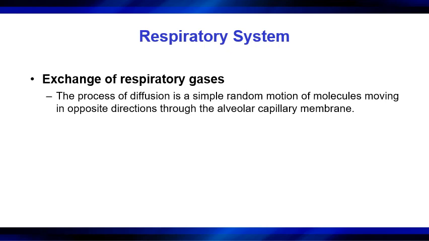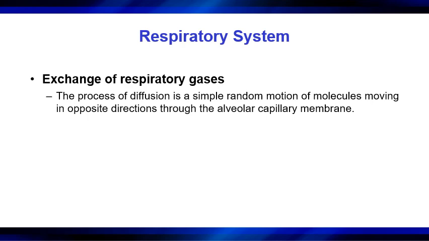So when the deoxygenated blood is coming back into the lungs, you get that exchange of gases at the alveoli because of the diffusion process. The concentration of carbon dioxide in the deoxygenated blood is high. It goes from high to low, into the alveoli, where you then breathe it out.